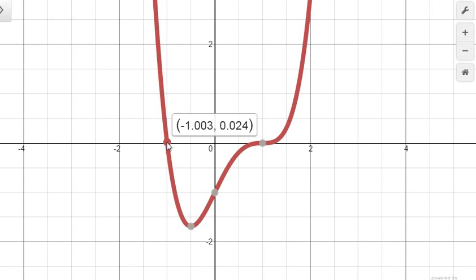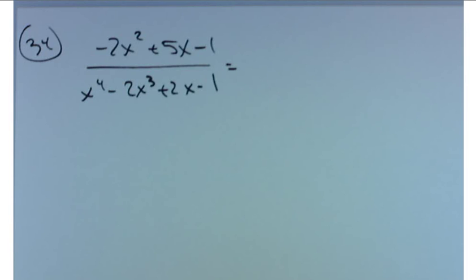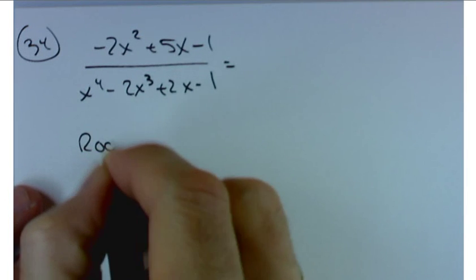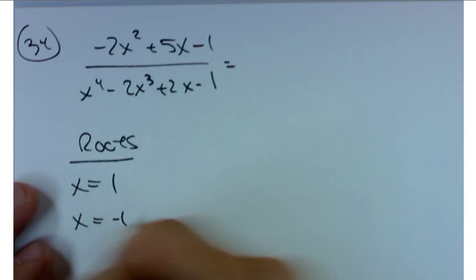So where do we have roots? Negative 1 and 1. So let's think a little bit further about these roots here. So let me cut back over to this. I've got roots at x equal 1 and x equal negative 1.